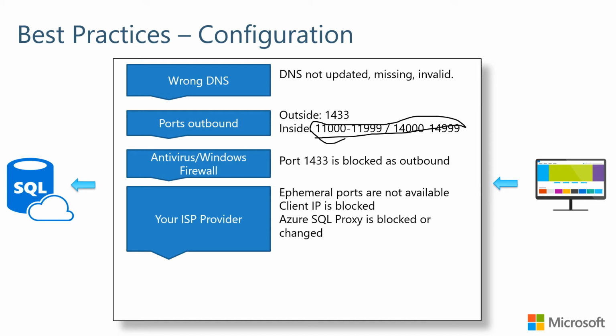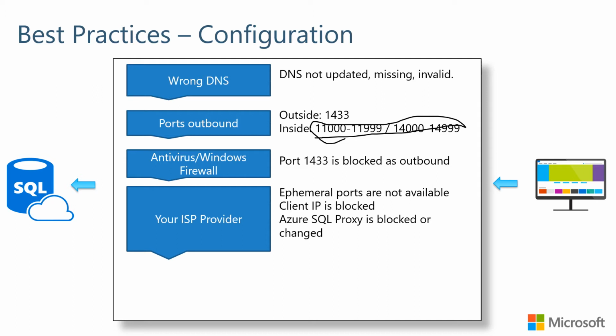This is a normal situation, and there is no need to be aware of this port, but with some specific providers, we have seen that this ephemeral port is not available from the client because it's blocked. So we need to review this situation.